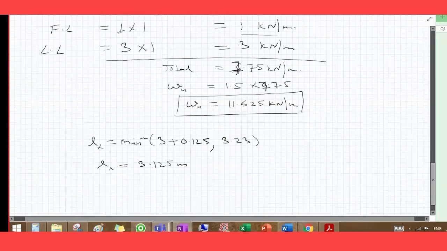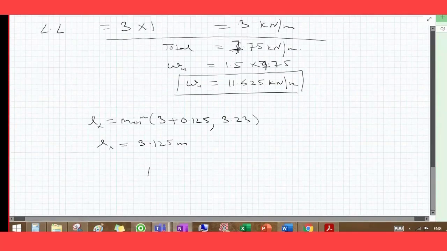Next, since it's a simply supported slab, I can compute the ultimate moment Mu. The ultimate moment Mu will be WU into LX square divided by 8. Again, why am I using LX? Because bending is dominant about shorter span.